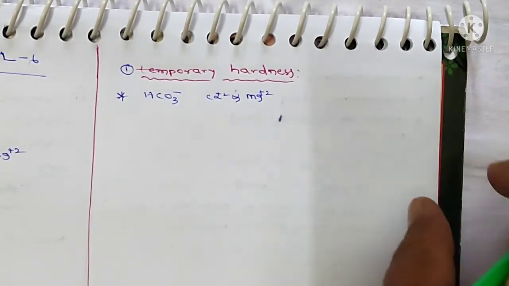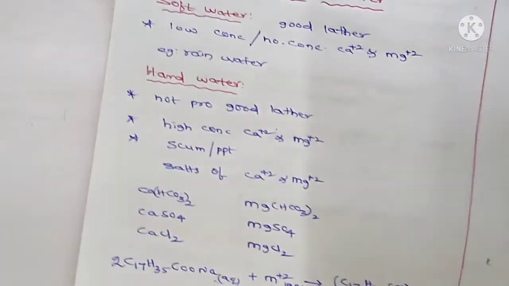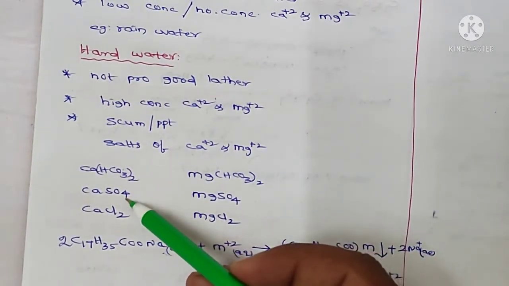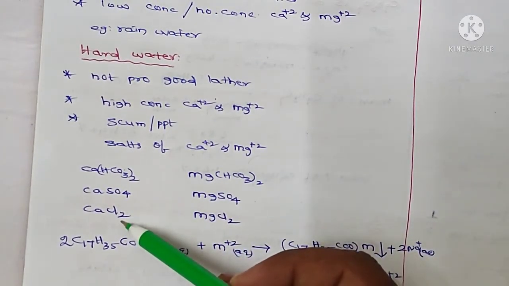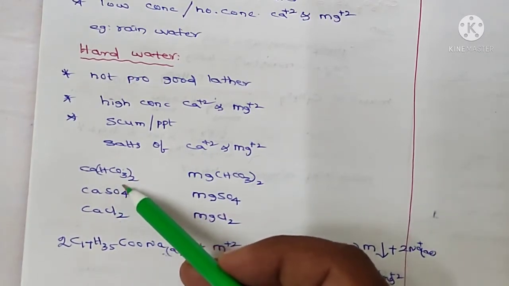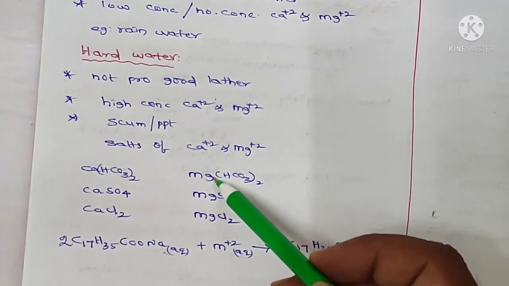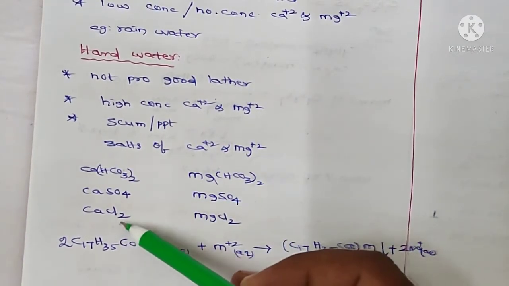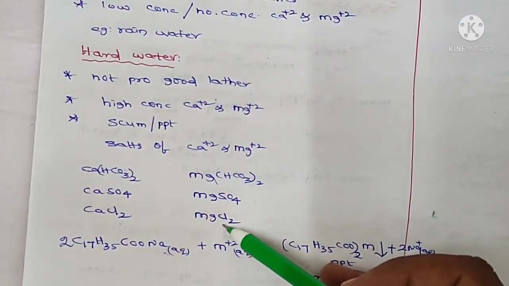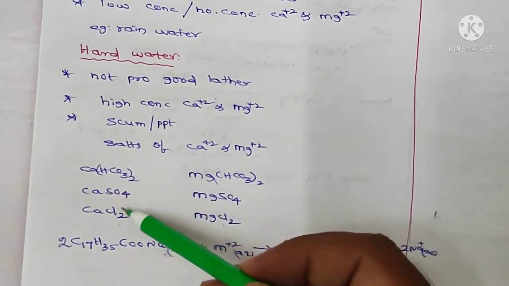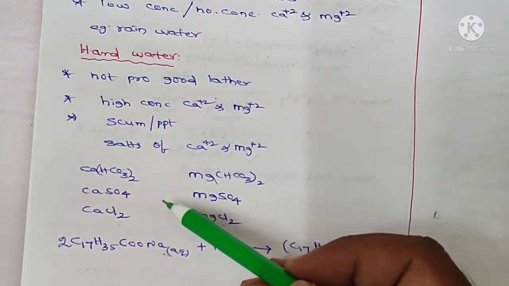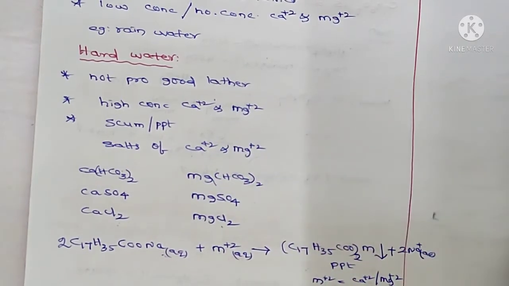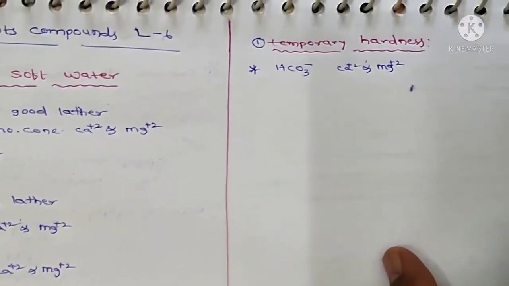Already we discussed that hardness is due to the presence of bicarbonates, sulfates and chlorides: calcium bicarbonate, magnesium bicarbonate, calcium sulfate, magnesium sulfate, calcium chloride and magnesium chloride. If these salts are present in the water, then the water is called hard water. Now we are discussing the types of hard water.